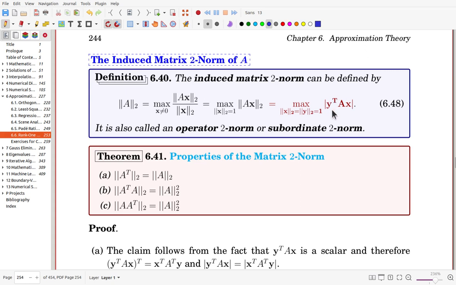Now with y, you take a dot product, then this will be a scalar. Its absolute value will be maximized under the condition that x and y have length 1. So this quantity and that one will be the same. We won't prove it, but we'll use it. So it is an expansion of the definition. We'll use this one.